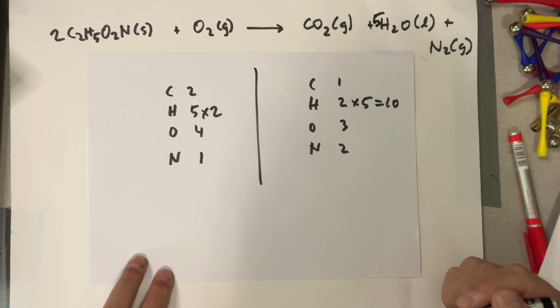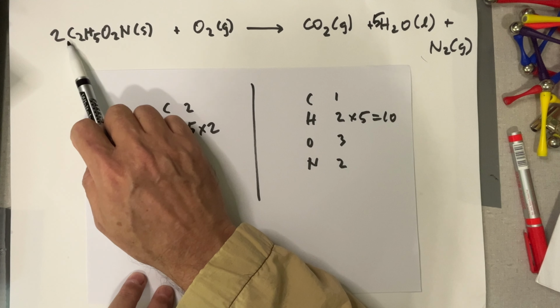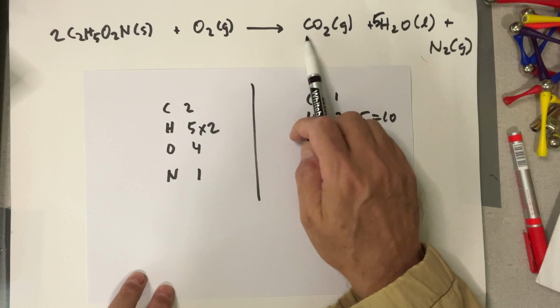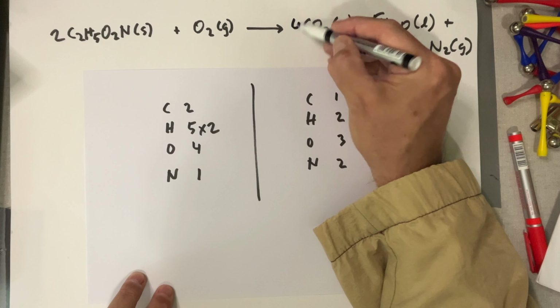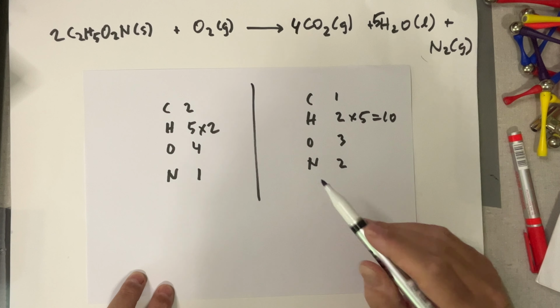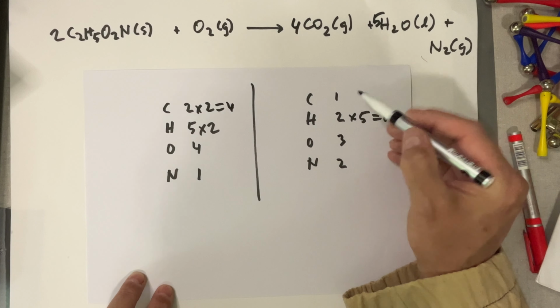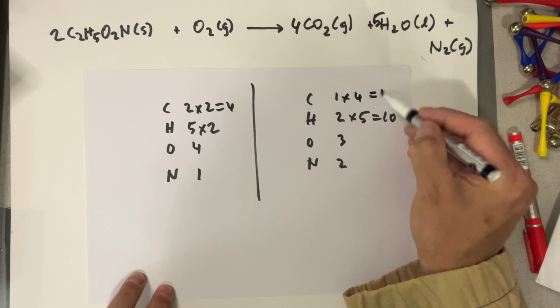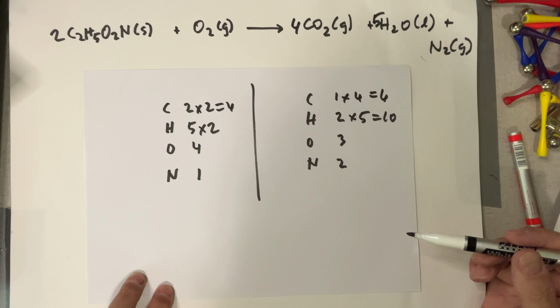Right. Then one looks at the carbons. Here you have 4 carbons. Here you have only 1. So this one requires 4. So this is times 2. That's 4. Times 4 gives 4. So now the carbons have been dealt with.